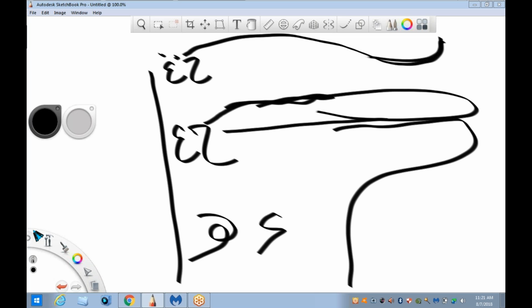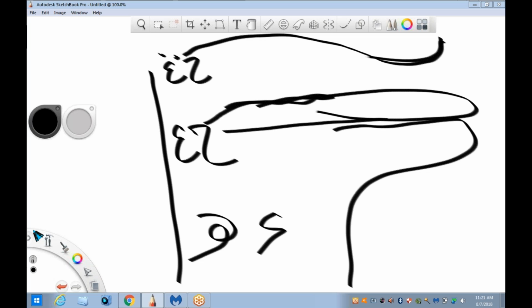Ghain wa kha. Because the sound comes from where? The throat. They're called the letters of the throat, huruf al-halq. This is the halq. It's on these three categories. Even though in the ain and the ha, you're using your tongue, not your throat like you do on the hamza and the ha.